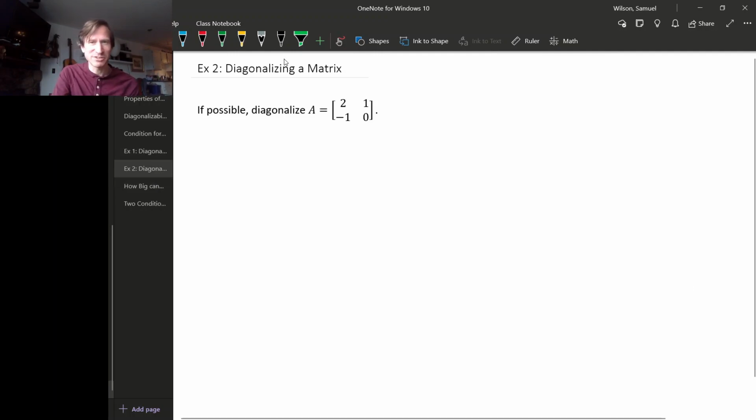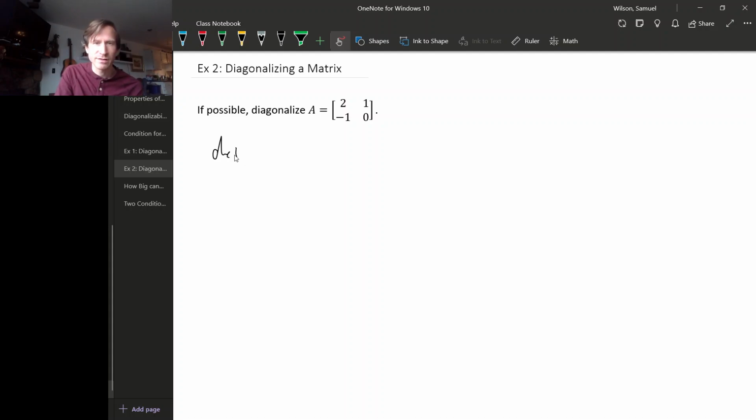Let's diagonalize this matrix. So as usual, first we need to find eigenvalues. So let's find the determinant of lambda I minus A. You can use lambda I minus A or A minus lambda I. Since these two matrices are negatives, their determinants will be either the same or negatives of each other, depending on how big A is.